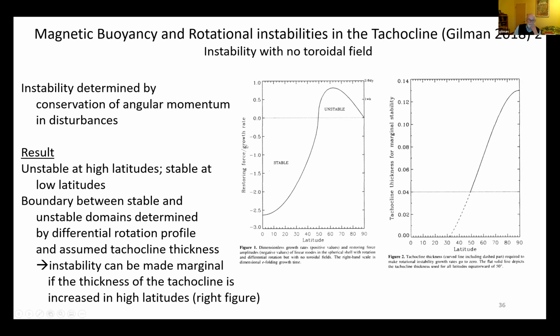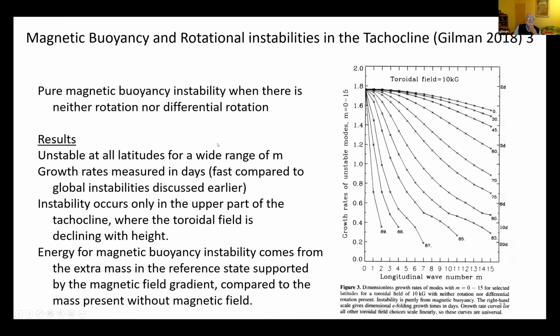Now, if you go to magnetic buoyancy instability, and I'll leave out the rotation for a minute, then you find out that all wave numbers are unstable at all latitudes with an amount that varies with latitude and the field strength. And they're very fast.